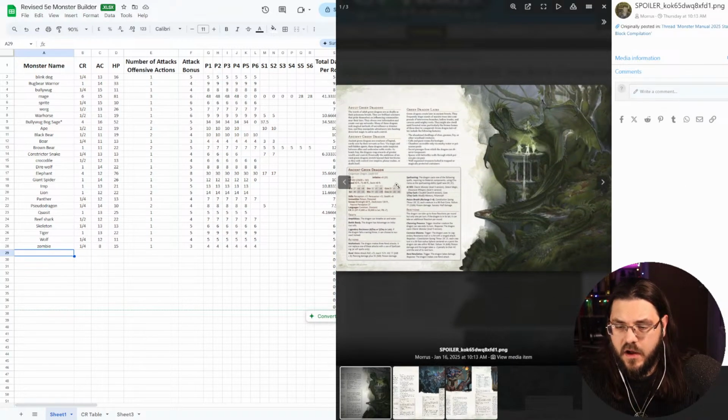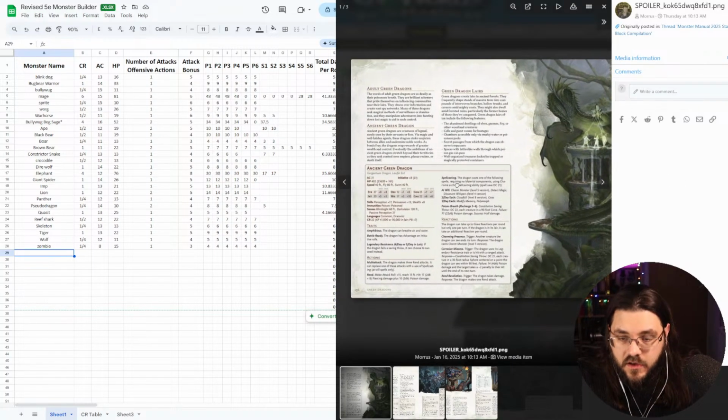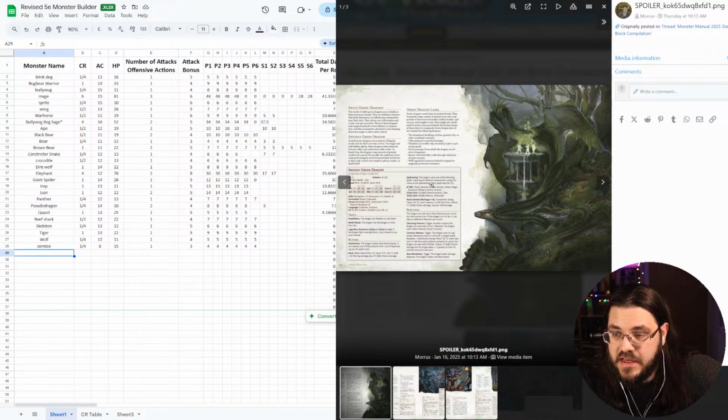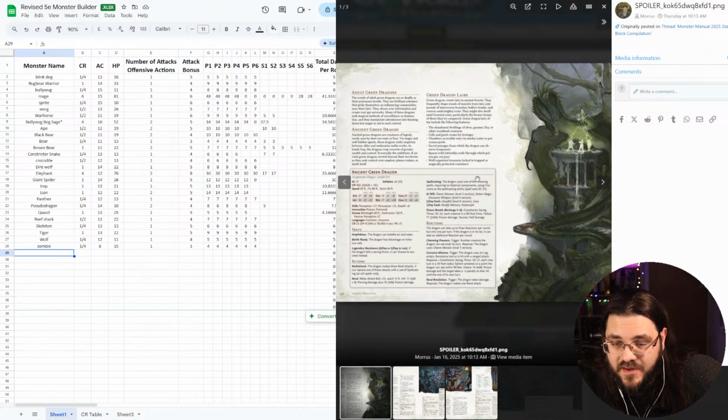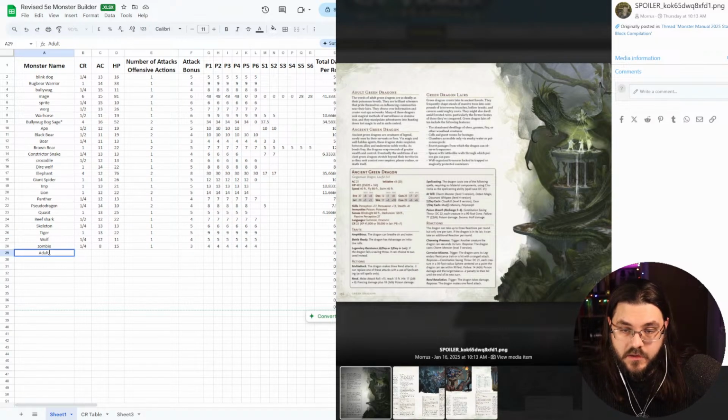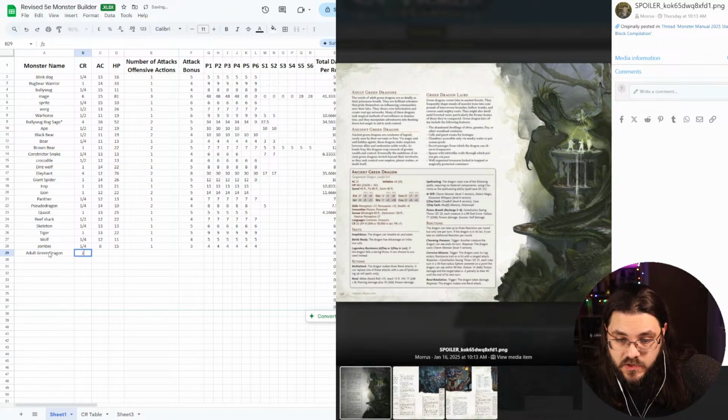So starting off with the adult green dragon. This is going to be really hard to see. Let me zoom, please. It's adult, right? Adult green dragon, which is CR 22.